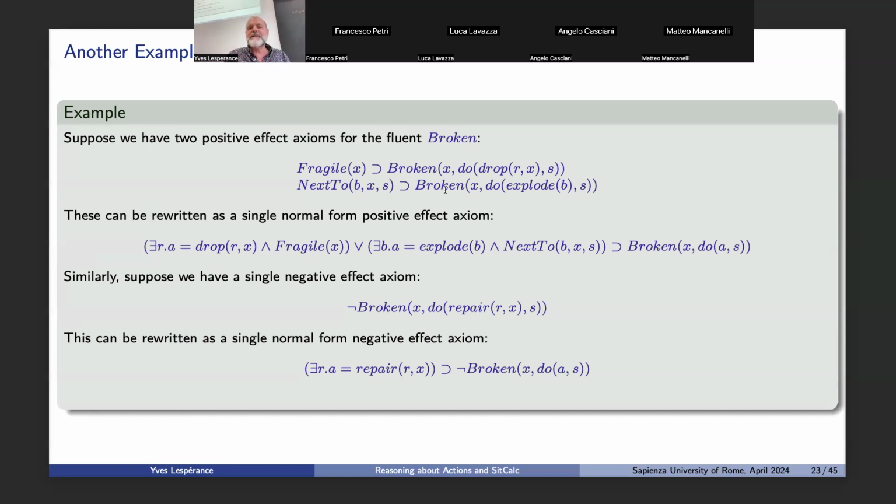And this one says, if there's a bomb that explodes and the bomb is next to X in situation s, then X becomes broken. Suppose that these are the only effect axioms where broken becomes true. This means that to put this in the normal form, on the right hand side you need broken(X, do(A, s)).